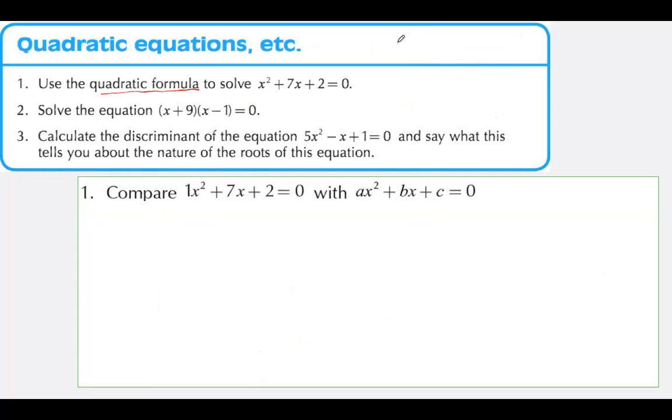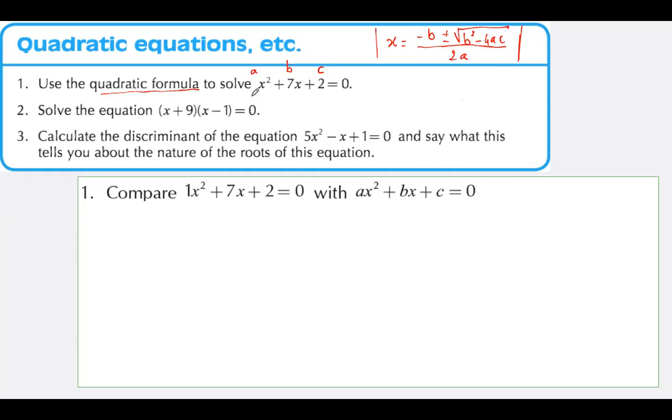The quadratic formula tells me that the answers are minus b plus and minus the square root of, remember the discriminant, b squared minus 4ac, all that divided by 2a. So this is going to be given to you. First thing first, you need to identify what a is, what b is, and what c is.